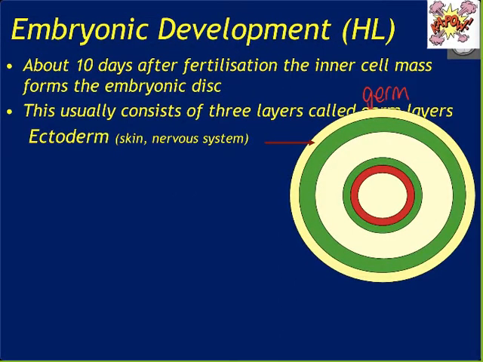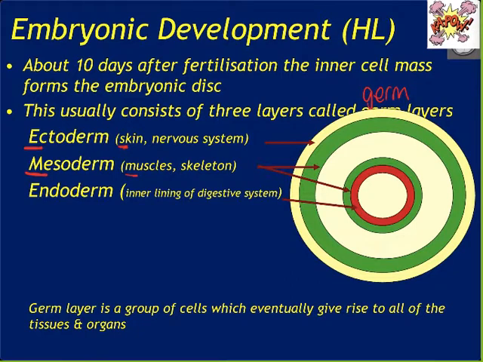Okay, so the outer layer is called the ectoderm. It becomes your skin and your nervous system. You have 2 mesoderm layers, and they'll become your muscles and your skeleton. So ecto is outside, so in my head I remember skin. Meso, M for meso and M for muscles. Helps me to remember those.